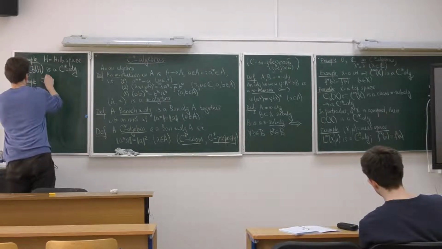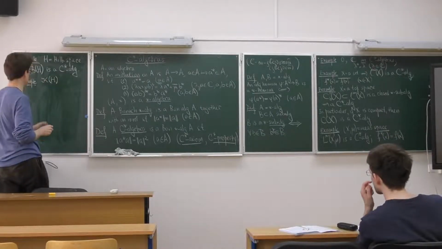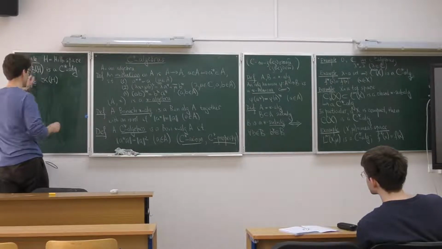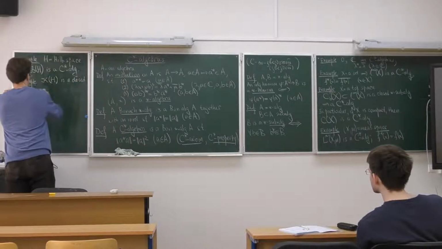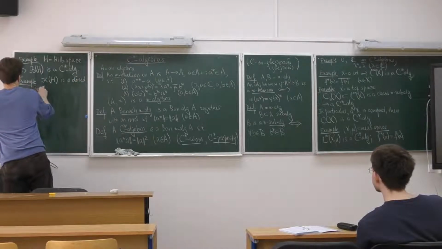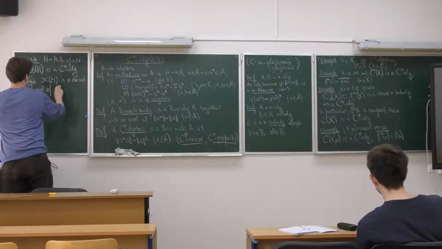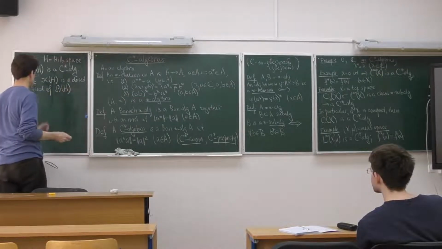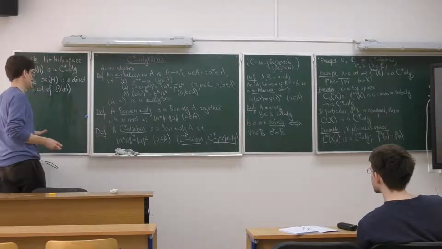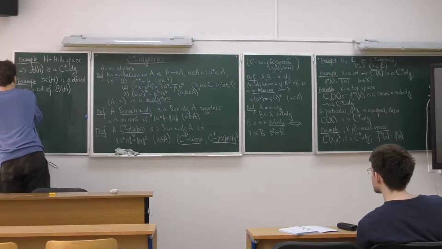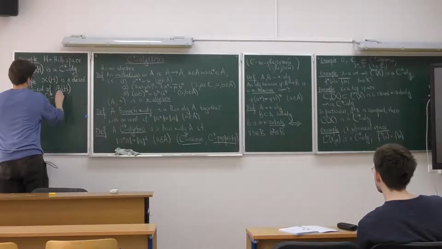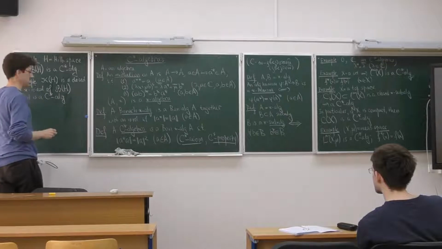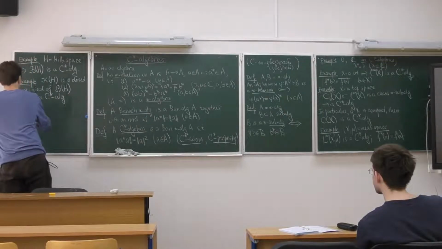Namely, we can now consider the algebra of compact operators, K of H. And we know that this is a closed star ideal of B of H. So in particular, it is a closed star subalgebra, so it is a C-star algebra. And if H is infinite dimensional, then this algebra is not unital.